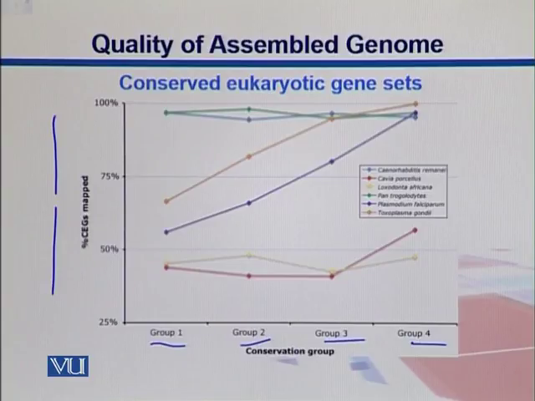Now for example, we have C. remanei, we have Cavia, we have Loxodonta, Pan, Plasmodium and Toxoplasma. So we see that in group 1, this green one, the Pan, has mostly conserved genes. So this assembly seems better. The second one is obviously C. remanei, that is also doing good. The other assemblies are kind of low in group 1.